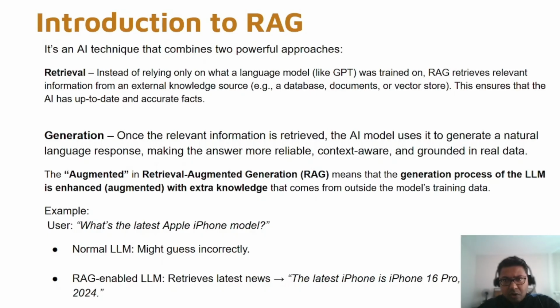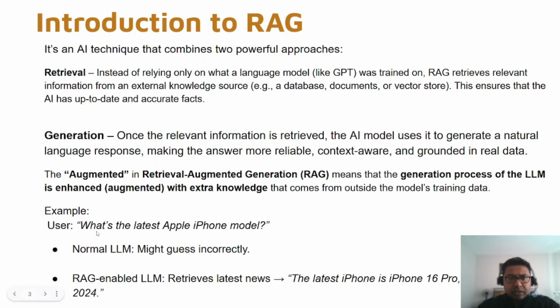We are basically adding enhanced data. So now we know this overall process: we first retrieve and then we generate an overall response, but that response is enhanced, or augmented. That's how it is retrieval augmented generation.